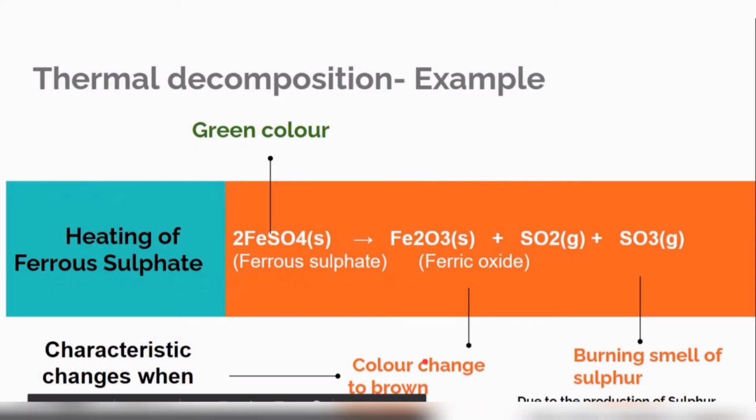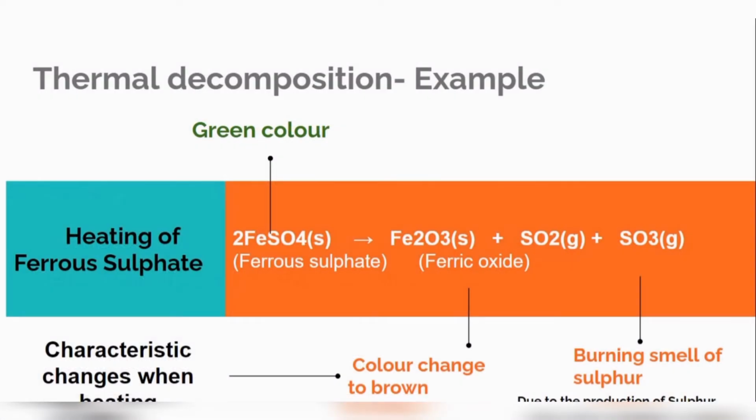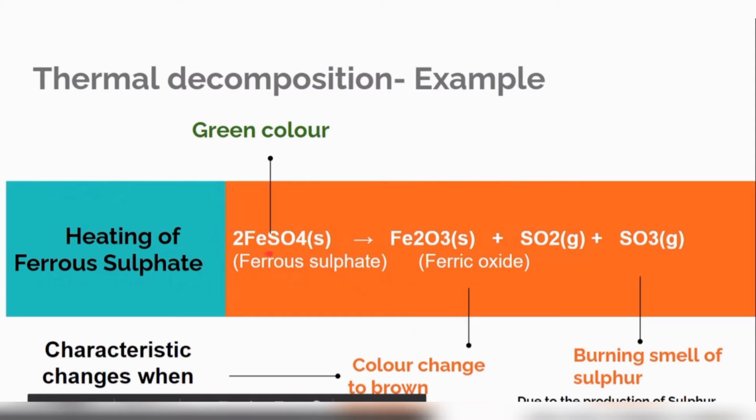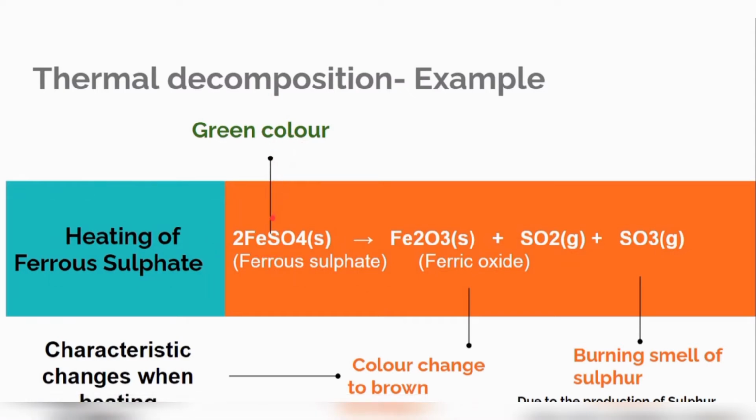If we study the thermal decomposition of ferrous sulfate, the formula is FeSO4, which is green in color. On heating, it decomposes and forms ferric oxide, whose formula is Fe2O3, and the two other products are SO2 and SO3, sulfur dioxide and sulfur trioxide.